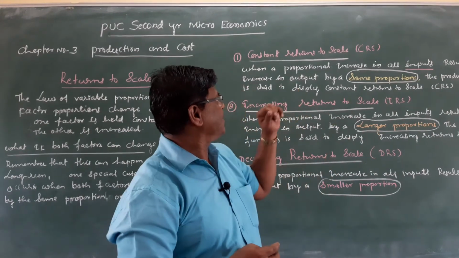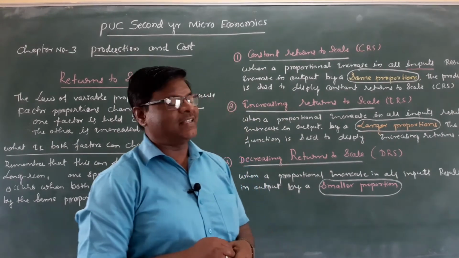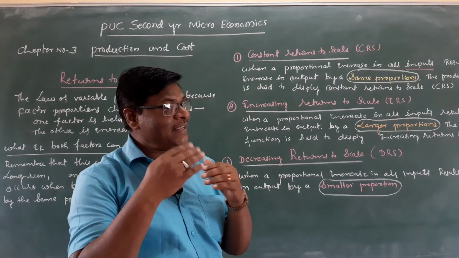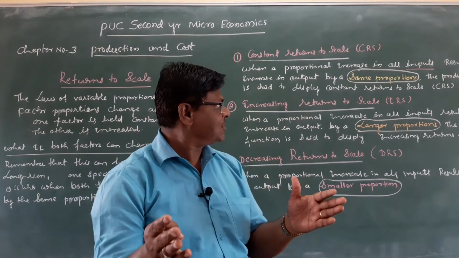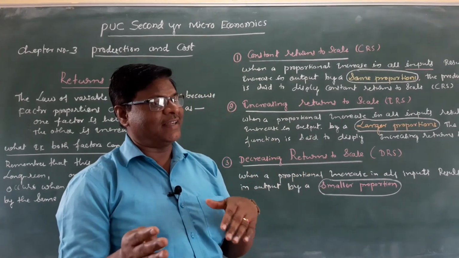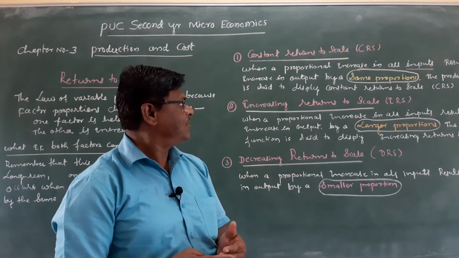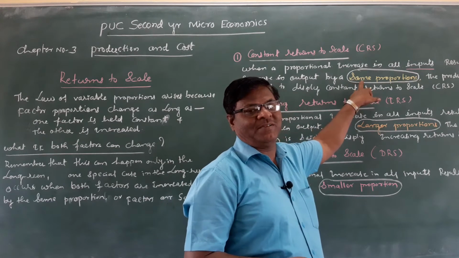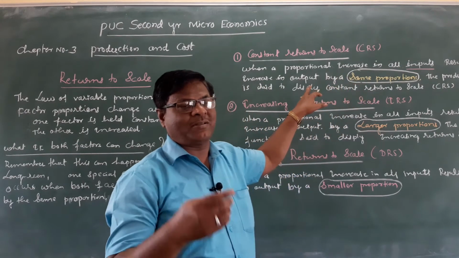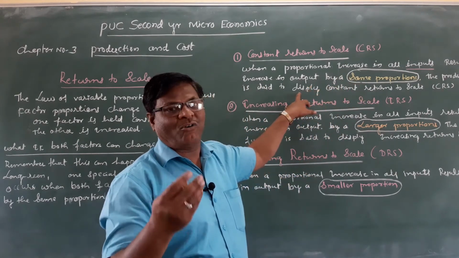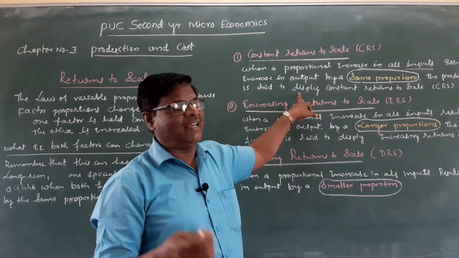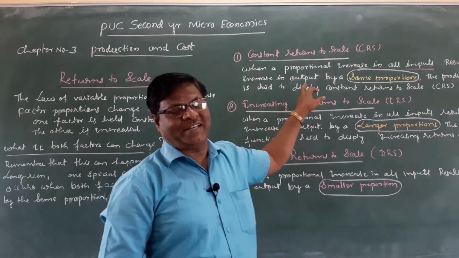When a proportional increase in all the inputs results in an increase in output by the same proportions, the production function is said to display constant returns to scale. It is called constant returns to scale.